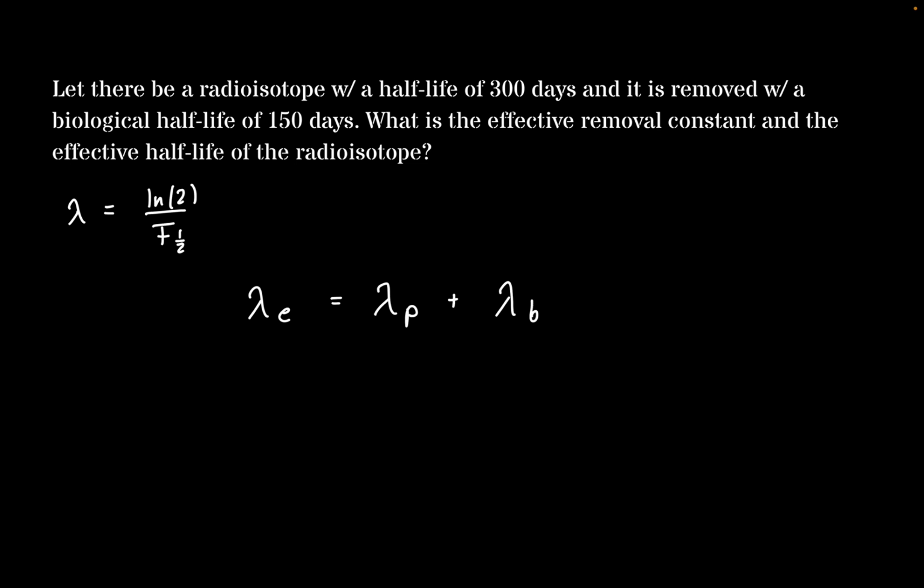Using the relation from before, the natural log of 2 divided by the effective half-life equals the natural log of 2 divided by the half-life of our particle, plus the natural log of 2 divided by the biological half-life.